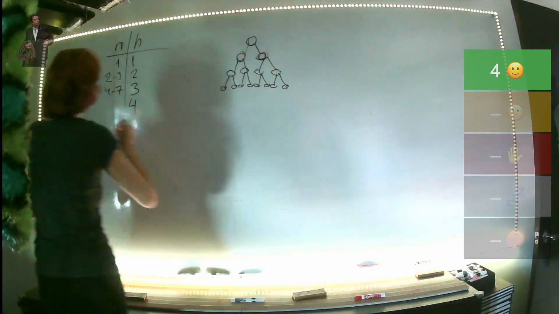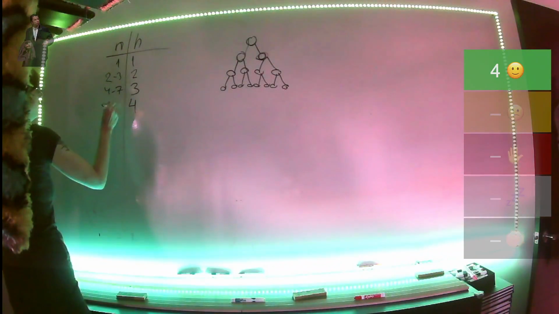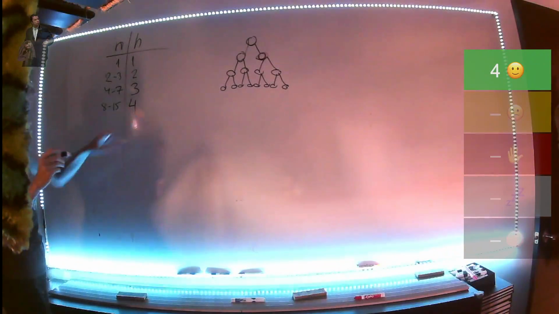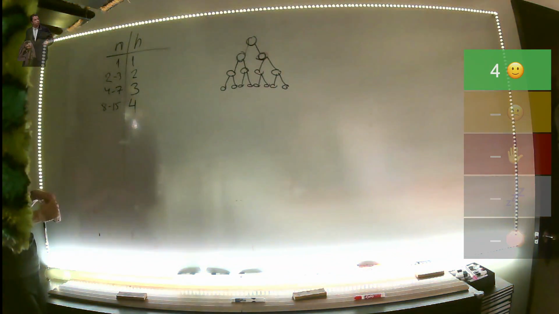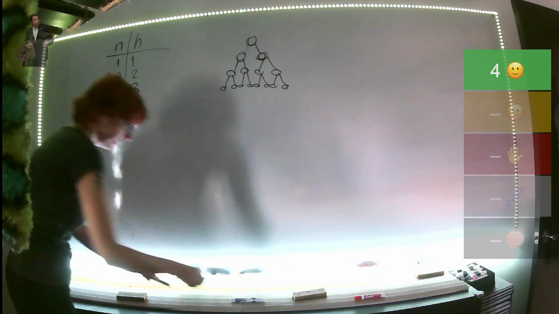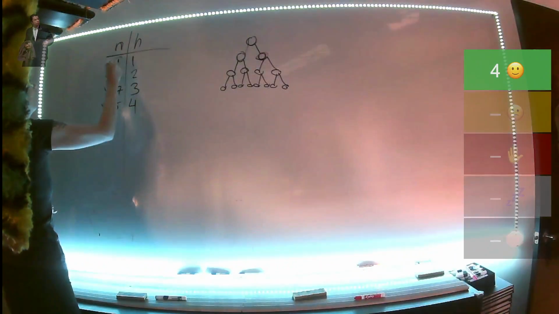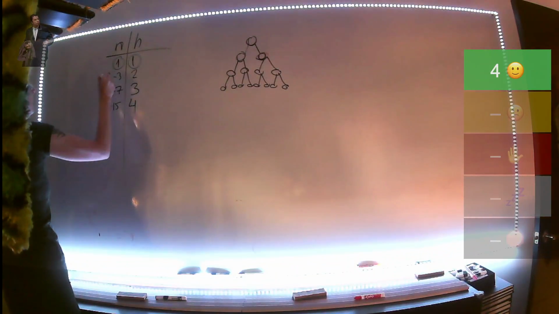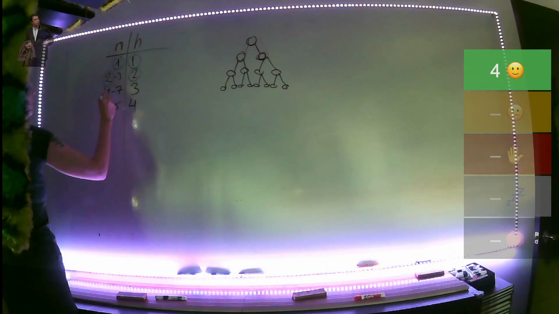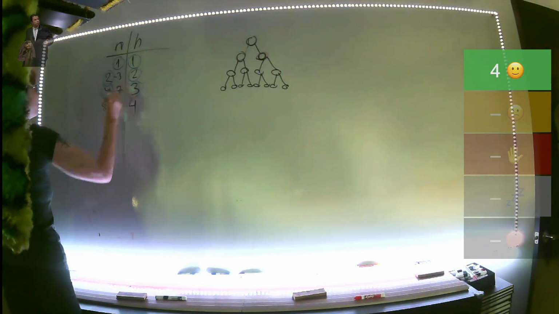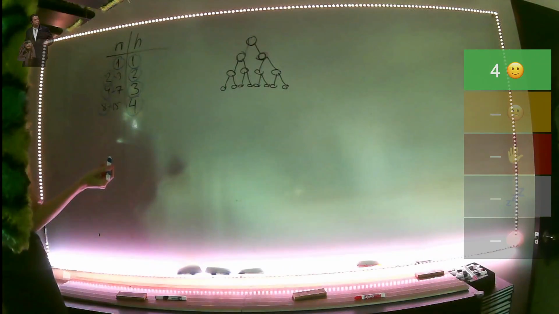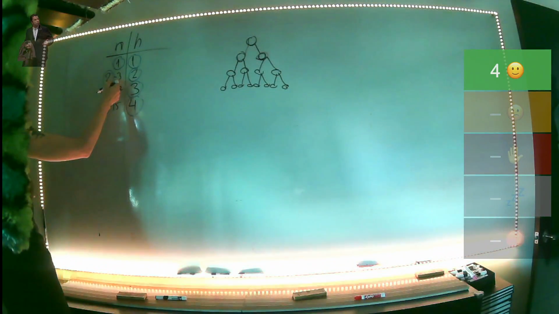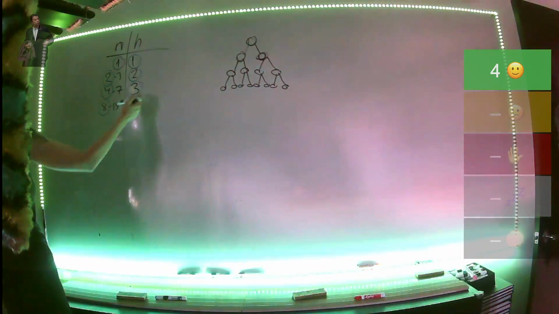So from 8 to 15, I get height 4. We should be observing a pattern here in this table. 1 gives me 1, 2 gives me 2, 4 gives me 3, 8 gives me 4, or I could think 3 gives me 2, 7 gives me 3, 15 gives me 4.